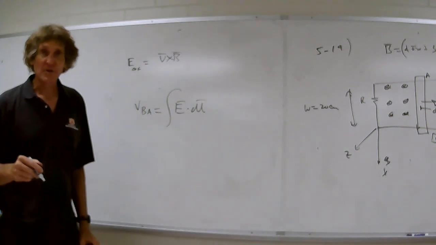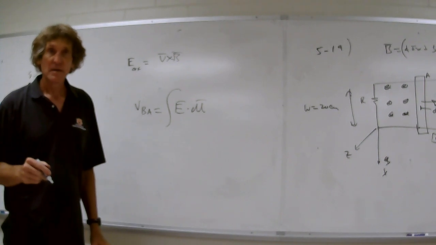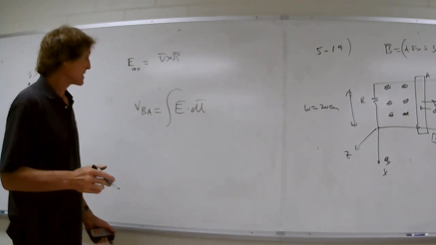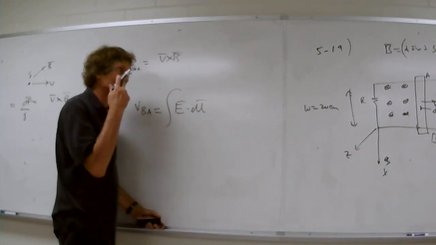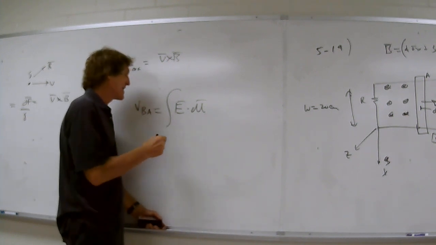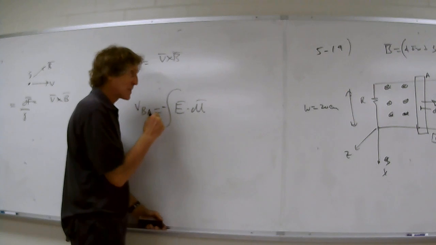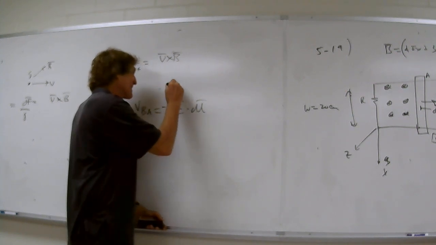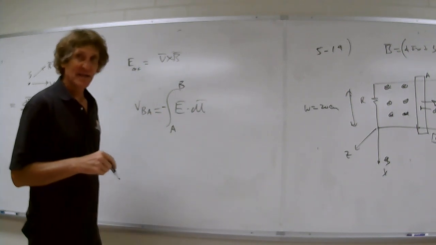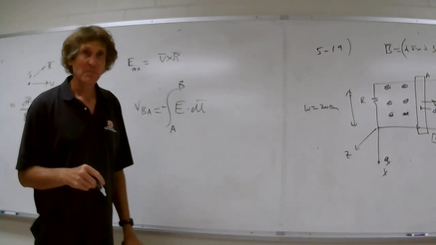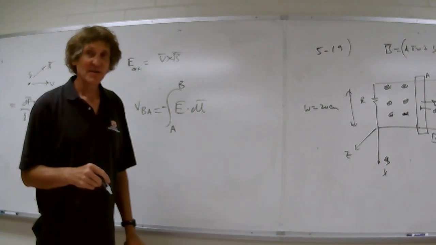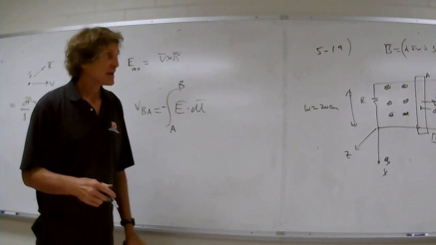I'm going to show you a couple of tricks. Would there be a minus sign or would there not be a minus sign? It's just E dot DL. I didn't define it; technically, if you want to do it the way the book does it, they'll put a minus. You can go minus A to B, you're right. But I'll show you how you get the plus and minus in 1 second. If you just pay attention, this clears it up.